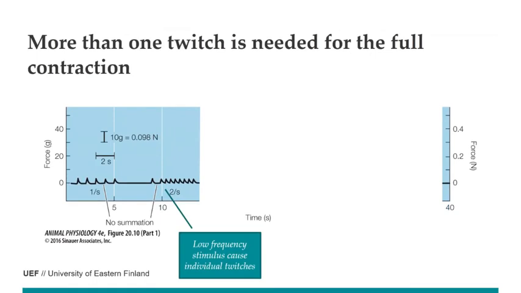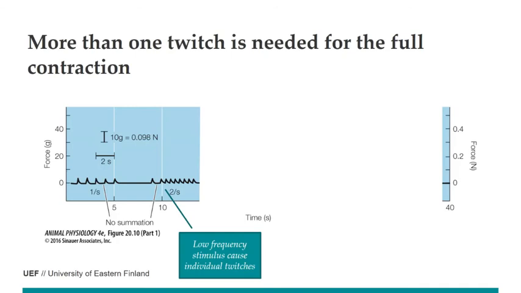What then happens when we have either single stimulus or multiple stimulus? So a single stimulus causes a calcium release, and that causes the contraction, and then you remove the calcium and the cell will relax.